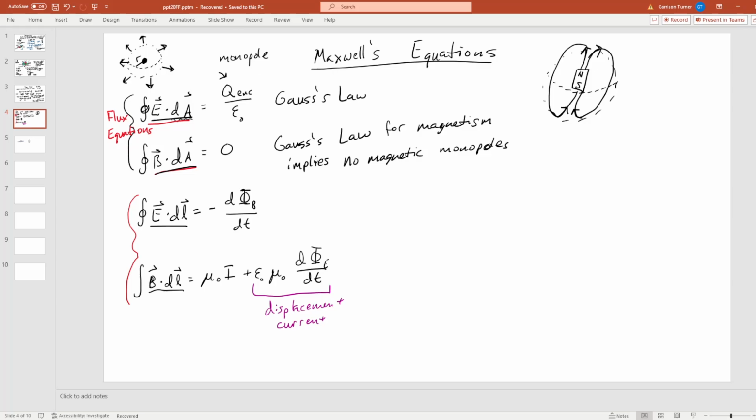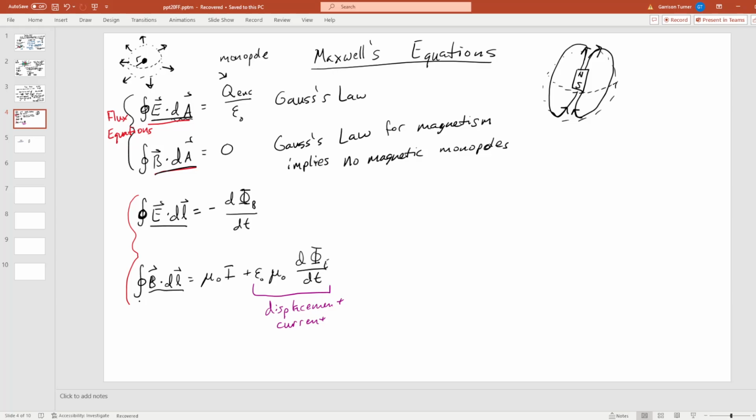That's what this symbol in the integral means. It's a closed integral. You have to integrate over the entire surface, or you have to integrate over the entire path. So these are not just generic integrals. Even if your surfaces can be arbitrary and your loops can be arbitrary, the integrals themselves are not arbitrary, in that you need to be over a closed path or a closed surface in each case, right? So there's a really deep symmetry to Maxwell's equations, in that you have flux equations and you have line integral equations.